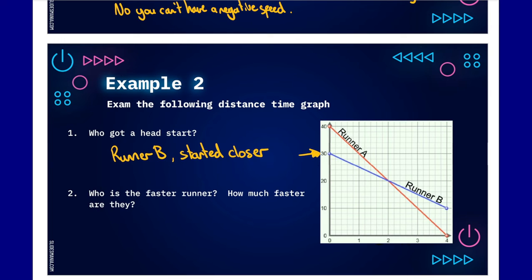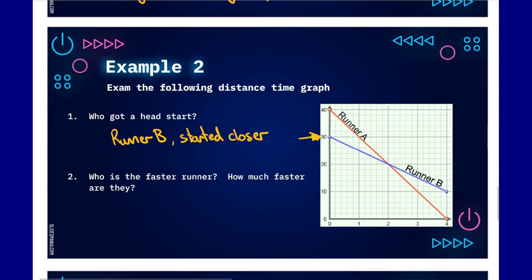Who is the faster runner? How much faster were they? Well, we could go through, look at runner A, right? We could say, okay, their distance was 40, negative 40 over 4. We don't really have any units in this case, but negative 40 over 4 is negative 10. Again, the negative is just referring to the slope, to the direction. Runner B, they went from 30 to 10, so negative 20 over 4, which is negative 5.